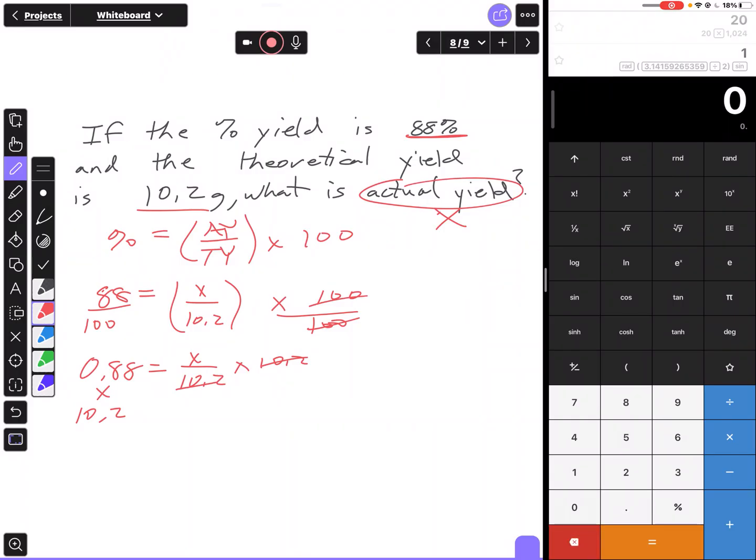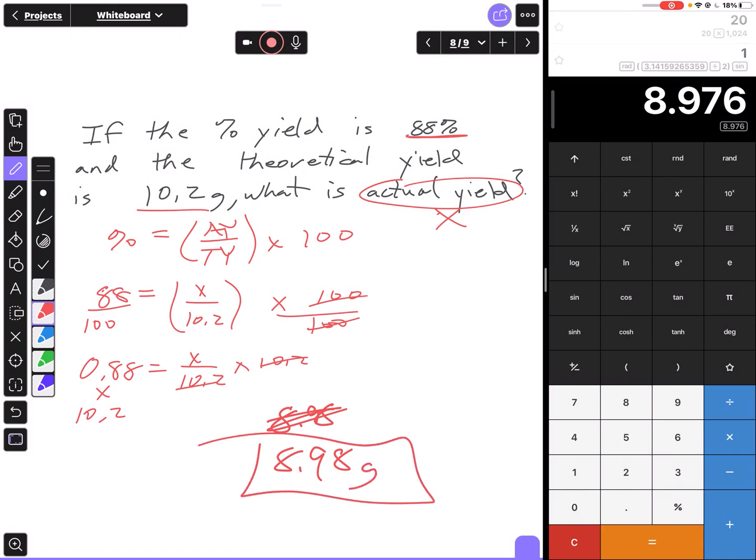When I do that, 0.88 times 10.2, I get 8.98. And that will be grams, since I'm solving for my actual yield. And that makes sense, as it's lower than my theoretical yield.